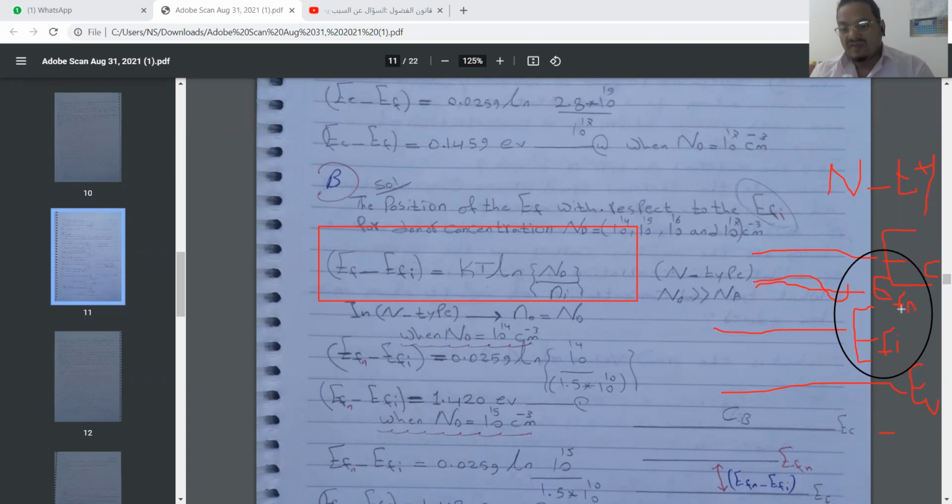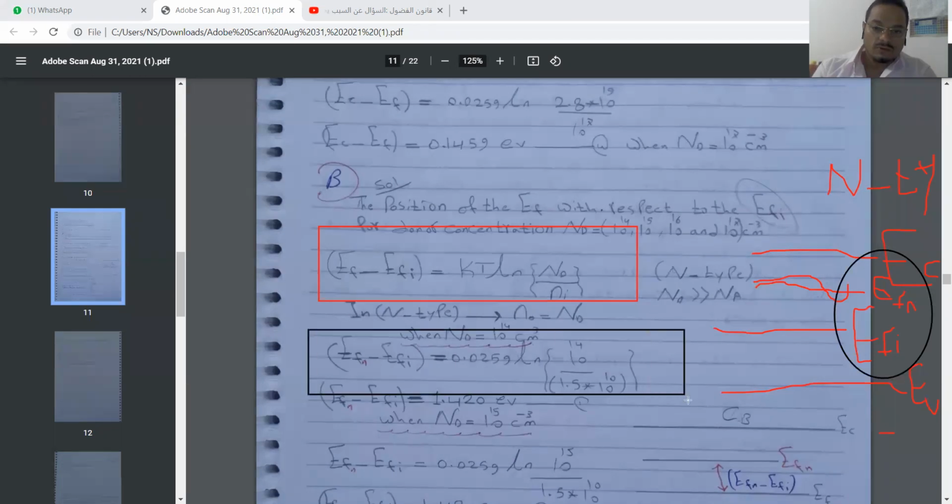It will be EFN minus the intrinsic Fermi level, because that is how we write the equation. EFN minus EFI naught, EFI minus electron Fermi energy level.